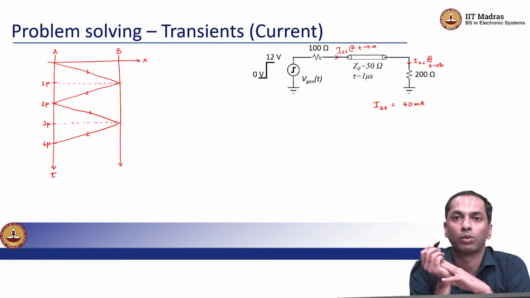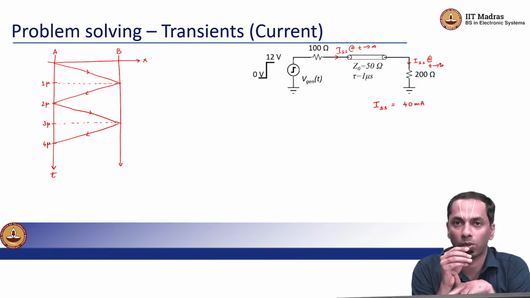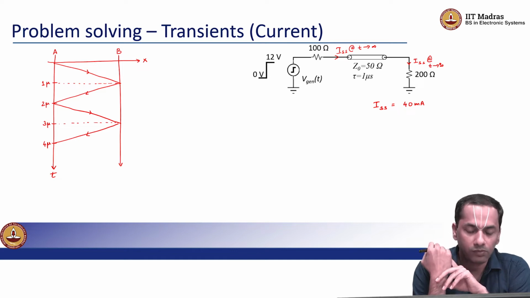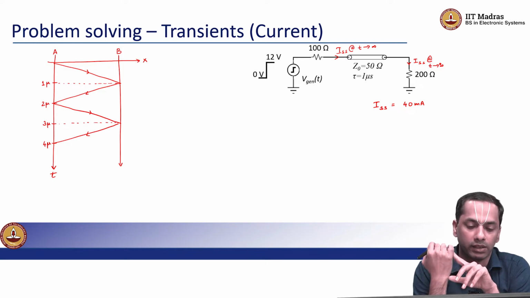Okay, so we are going to approach 40 milliamps, but just like in the case of voltages, we will also approach this steady state current in steps, right? So let us try to understand what these currents will look like.